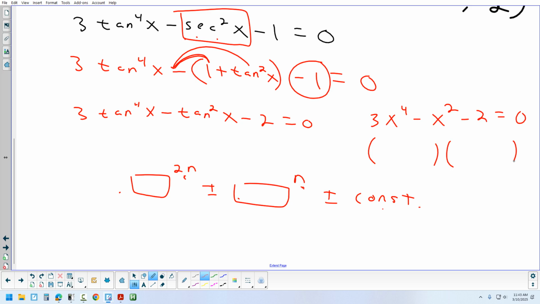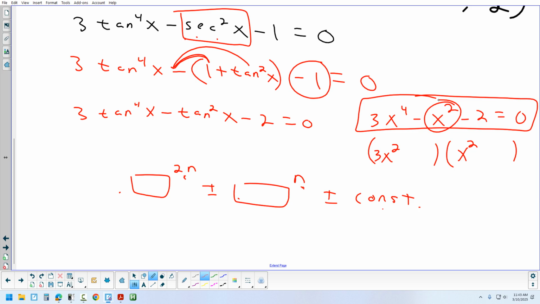What's going to be my first term in each parentheses when I factor this? x squared. You're going to have an x squared and a 3x squared. It always uses this. You always use that to do your factoring. That's the exponent you use. And then in this case, you've got a plus and a minus. And what are 2 numbers that multiply to give me 2? 1 and 2.